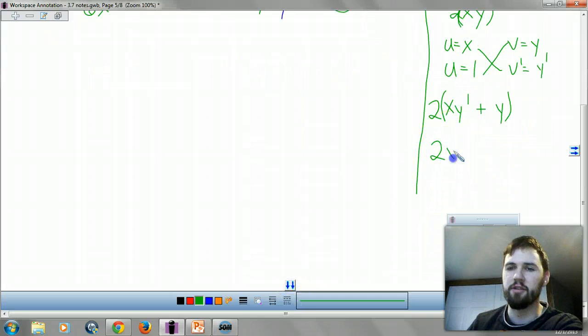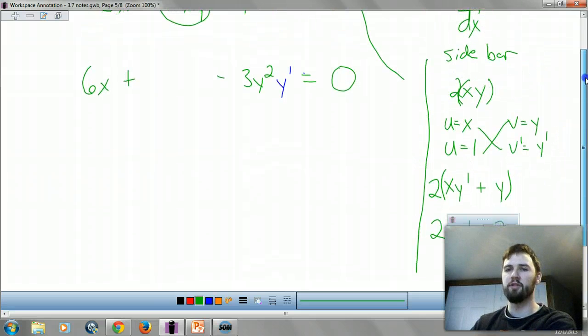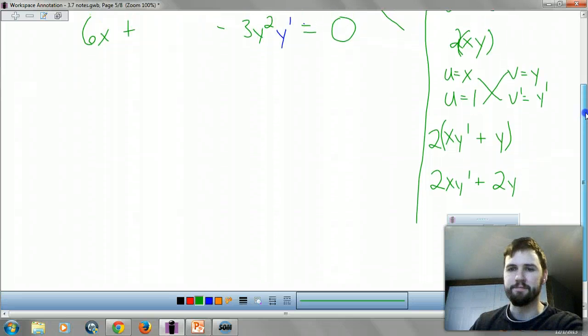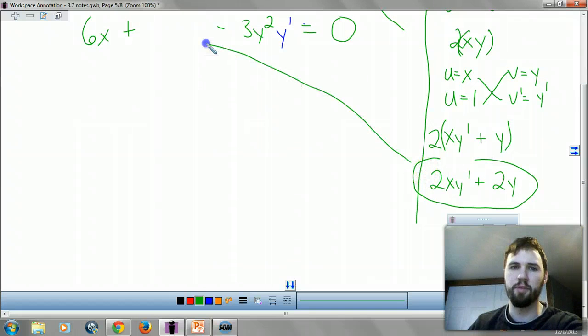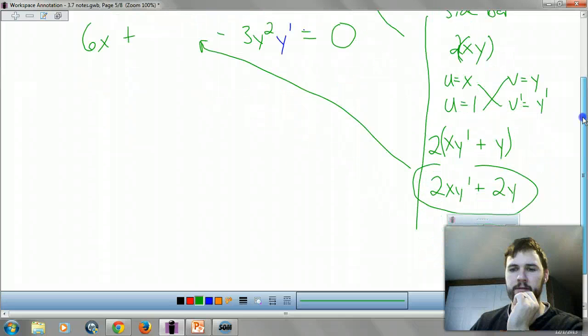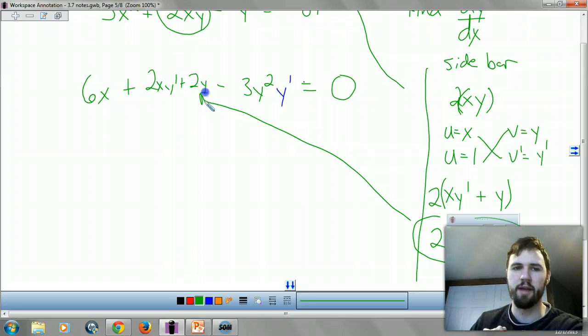So actually, it's going to be 2xy prime plus 2y. So that's my derivative of 2xy implicitly. So there goes up here: 2xy prime plus 2y.